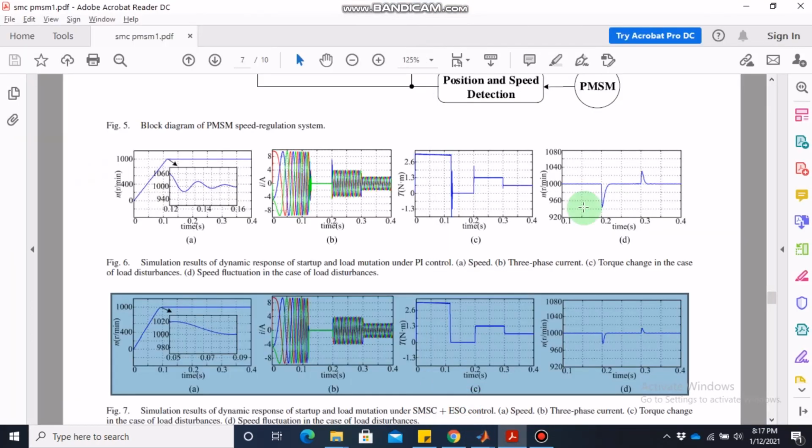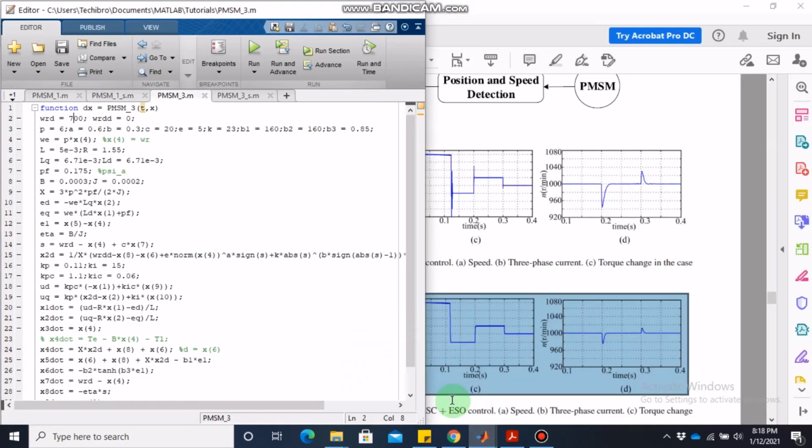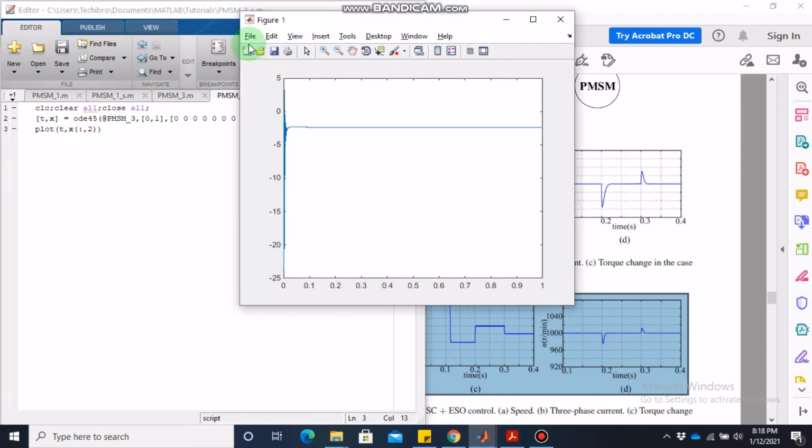So we can go into the value of iq. The value of iq is the second state variable. We can run this, and this is the value of iq.